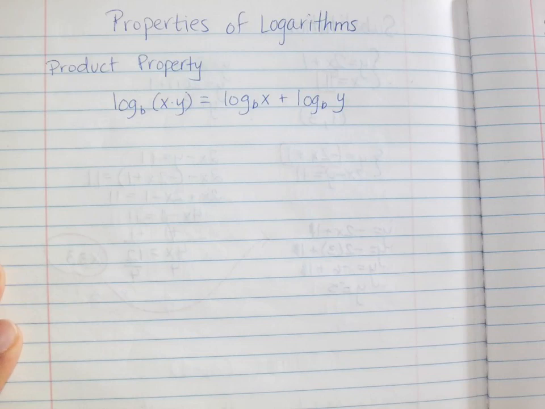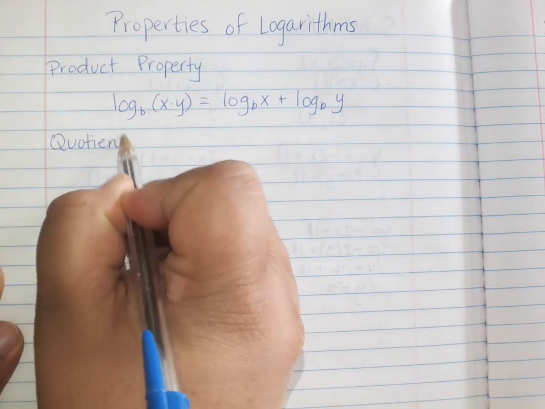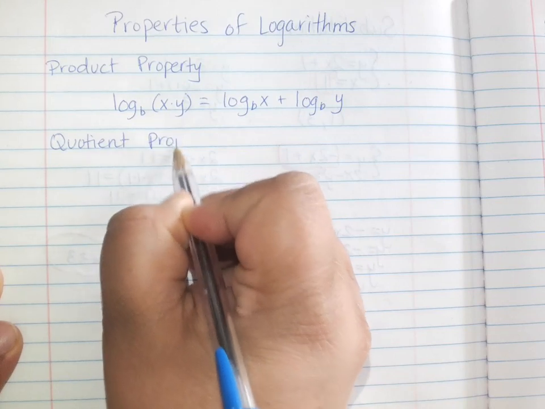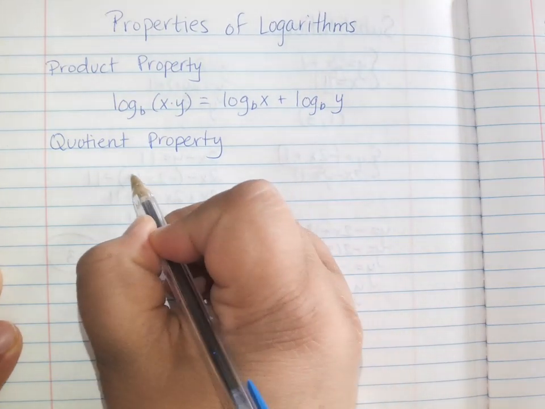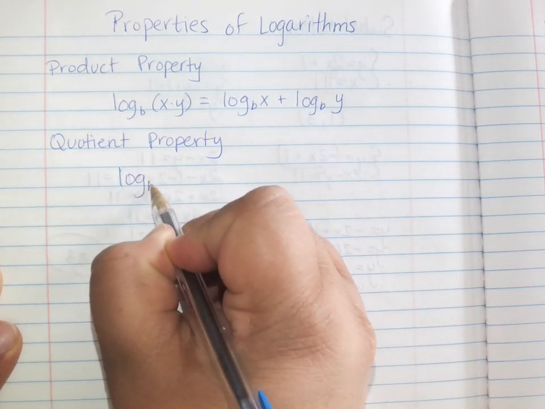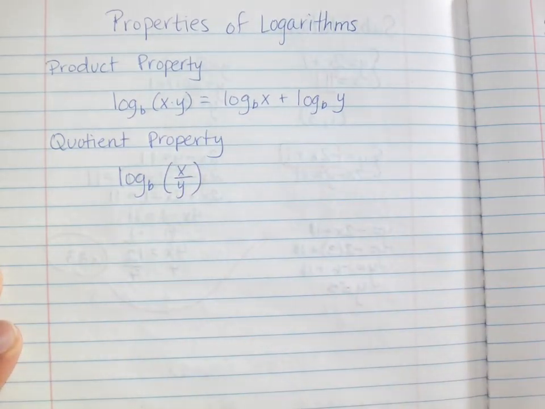The second one we have is quotient property. What does quotient mean? Well, it means division. So if we have some division here, we can break it up.